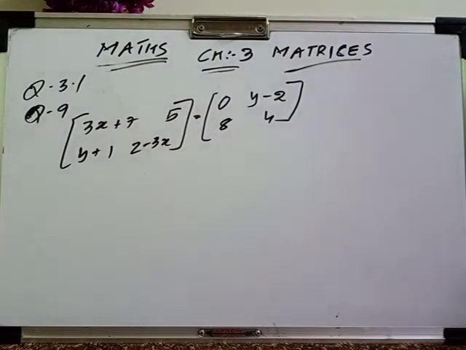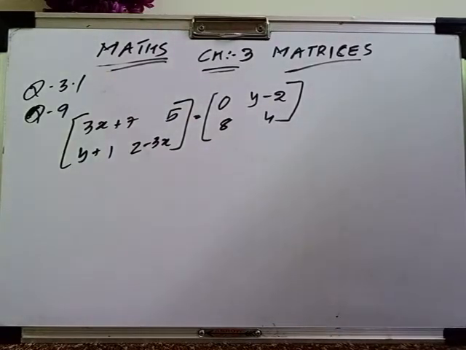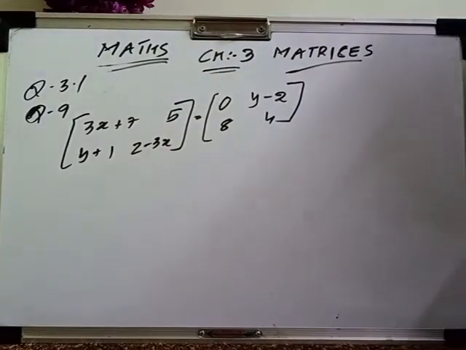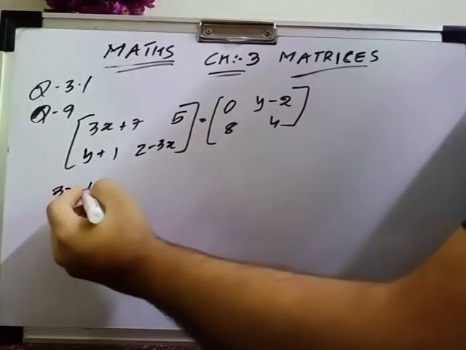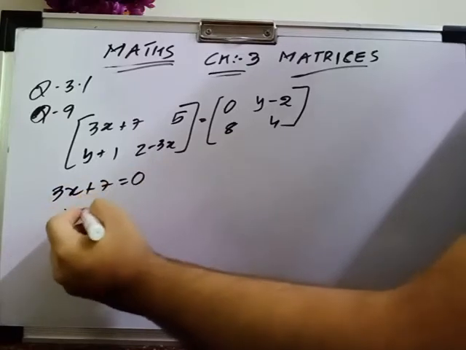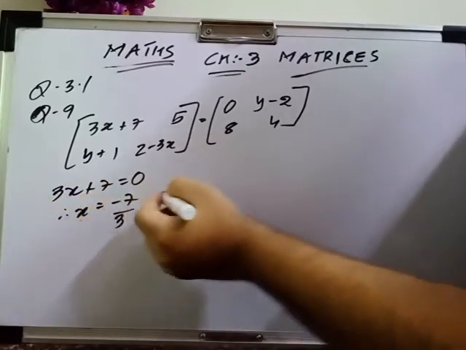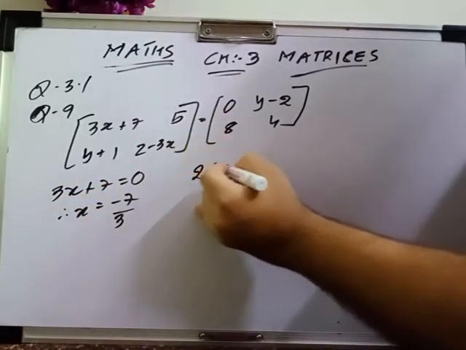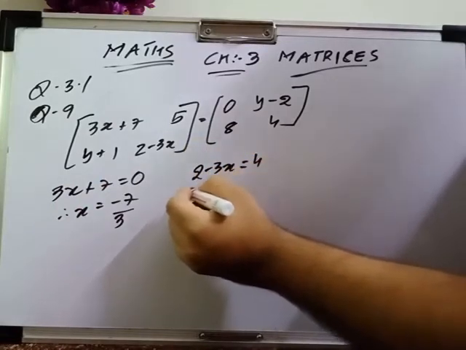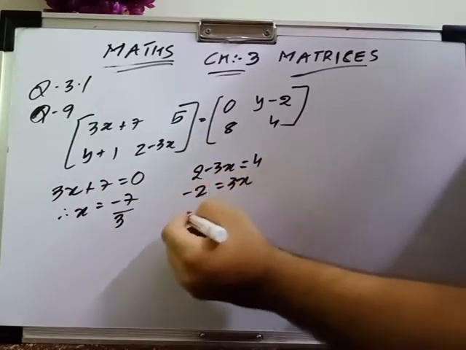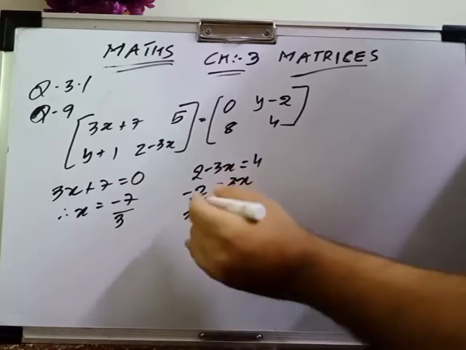Let's try to understand the ninth MCQ. Here we are given two matrices and it is said that these two matrices are equal. That's why we are taking an equal to sign between them. I will compare the left hand side matrix and right hand side matrix. So I will have 3x plus 7 is equal to 0. I will have x is equal to minus 7 by 3. And if I compare this, then I will have minus 2 is equal to 3x. x is equal to minus 2 by 3.